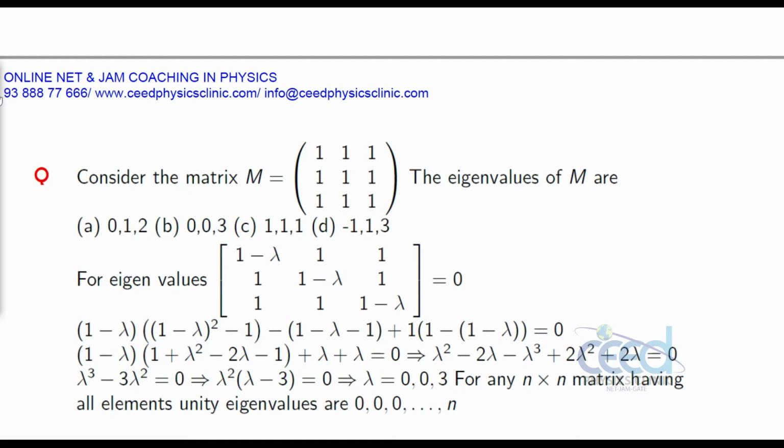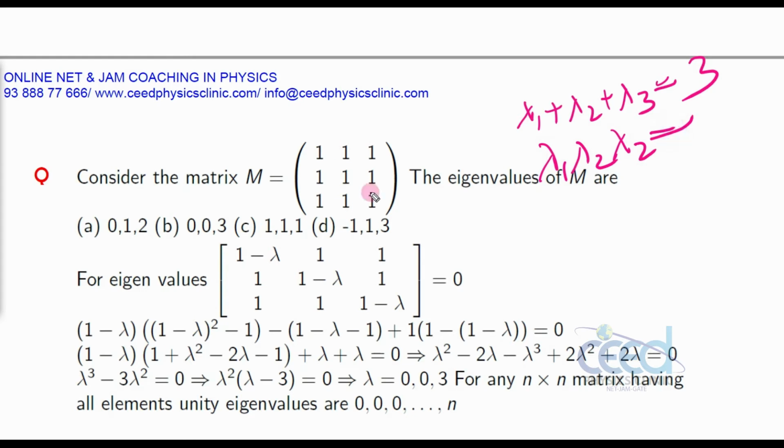To find the eigenvalues, the easiest method is: the sum of eigenvalues will be the sum of diagonal elements, that is 3, and the product of the eigenvalues is equal to the determinant of this matrix. What is the determinant of this matrix? That is 1 into 1 minus 1, that is 0.